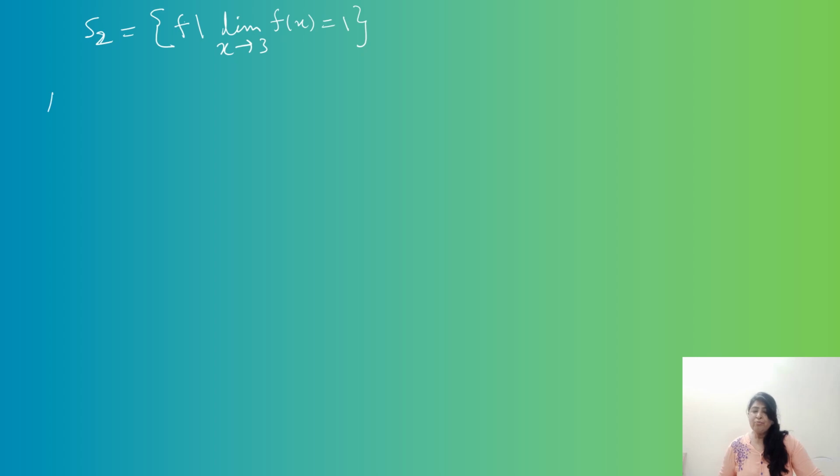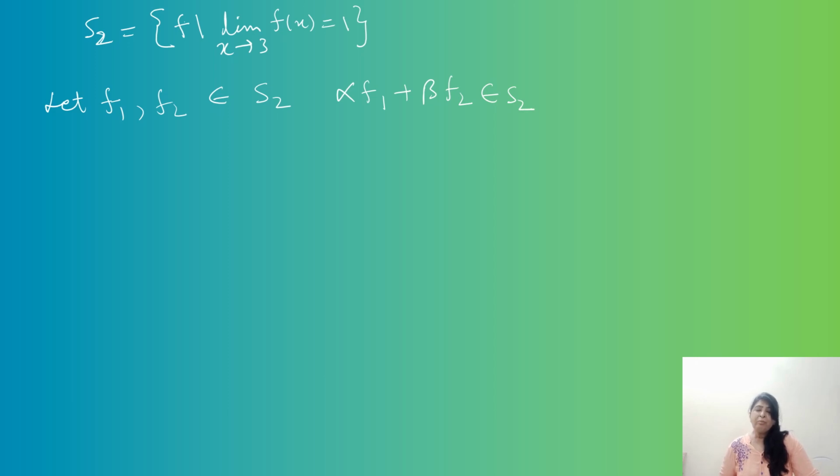So let f1 and f2 belong to S2. So we have to prove that alpha into f1 plus beta into f2 belongs to S2.